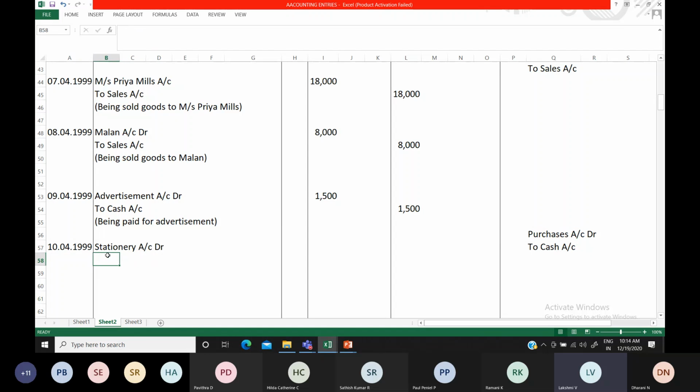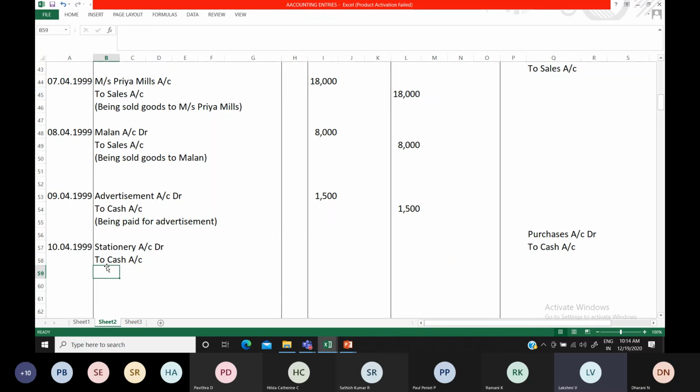So stationery account you have to debit to cash account, that is as usual to cash, because they have not mentioned any person's name here. If they said bought stationery from Mr. X or some person, then that person you will mention here, to Mr. X account or to Y account, and the money is shown. But here they have not given any person's name, then it is treated as cash purchase only.